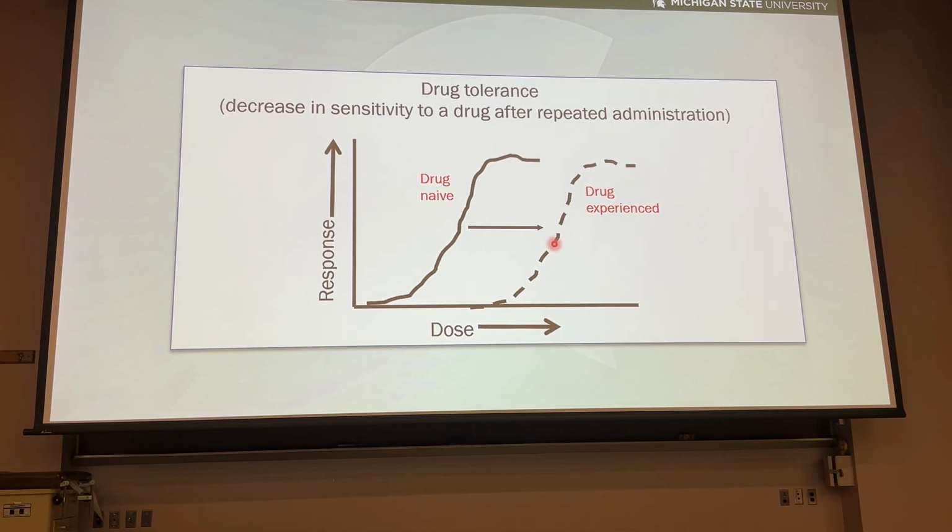Some of that can come into play, and we'll get into that nuance in a bit, but this is the actual effect of tolerance to a drug. You could still get to your maximal level, it's just going to take more after repeated administration of a specific drug. We refer to someone who hasn't had any drug before as naive. Someone who has had exposure to a drug, or a system that has had exposure, as experienced. Okay?